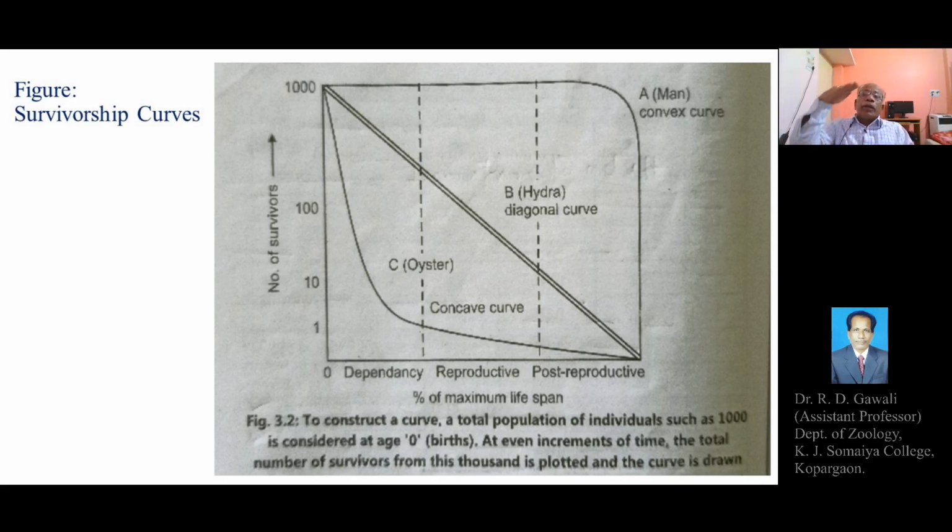So we can see the top side curve, that is the convex curve, and the example is man, where a man can survive for about, suppose, 75 years of life up to old age.